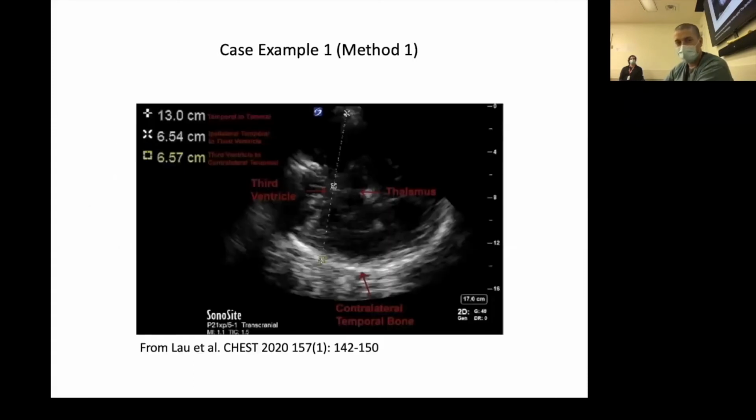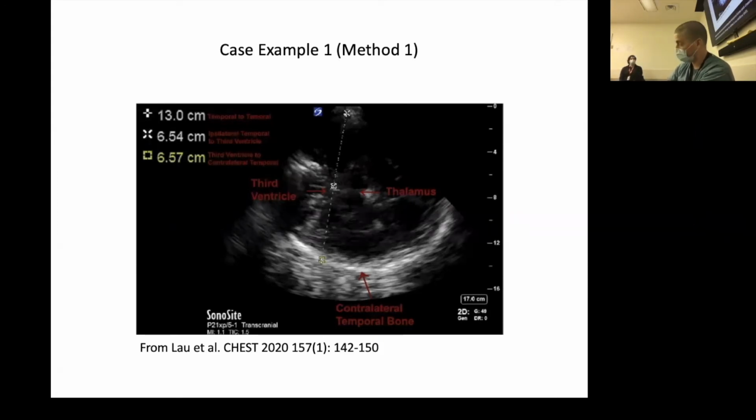So because the cheeseburger sets the middle of the cerebrum, right? And the contralateral temporal bone sets the outer limit of it. So from ipsilateral to contralateral temporal bone, let's just say it's 16 centimeters, and your cheeseburger is at 8 centimeters, you know that the difference between cheeseburger and contralateral temporal bone and cheeseburger ipsilateral temporal bone is moot, i.e. there is no midline shift.